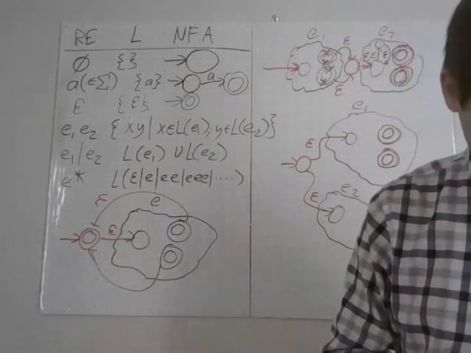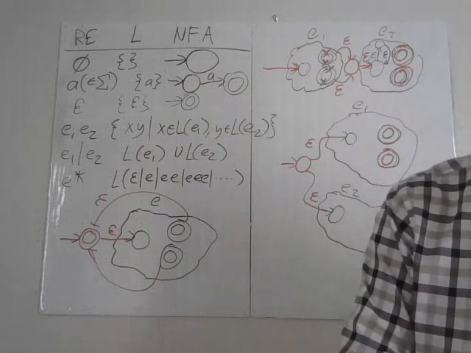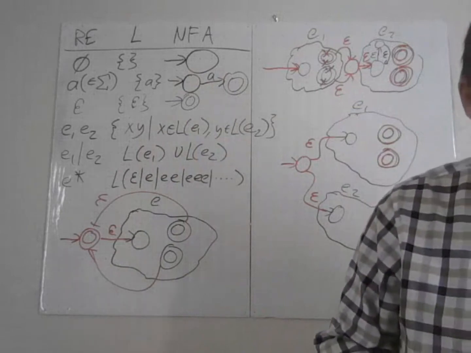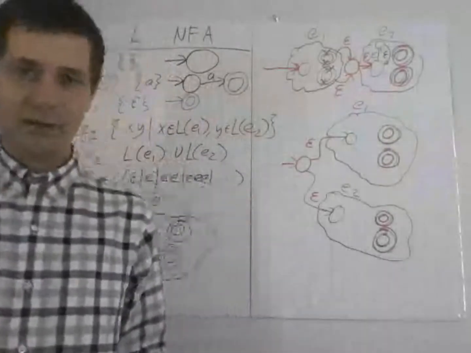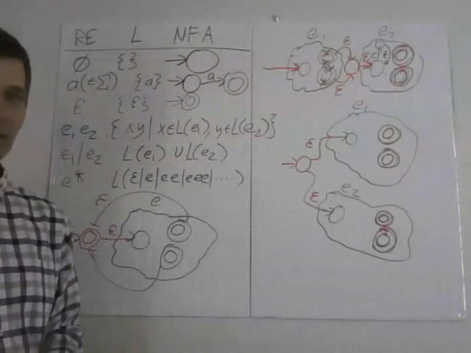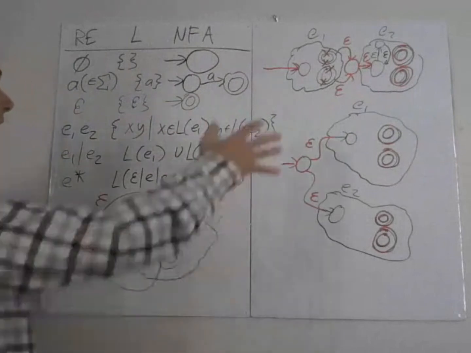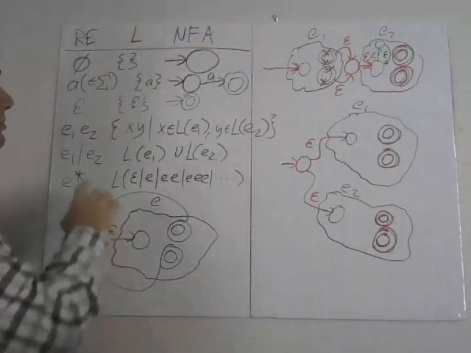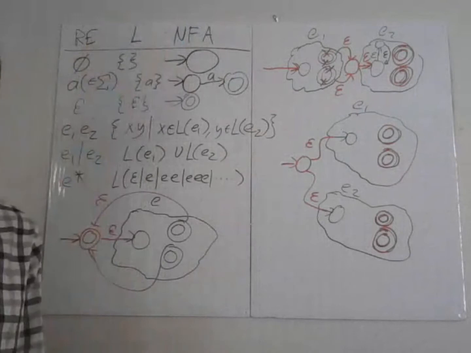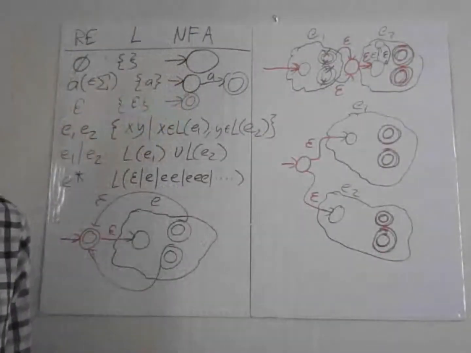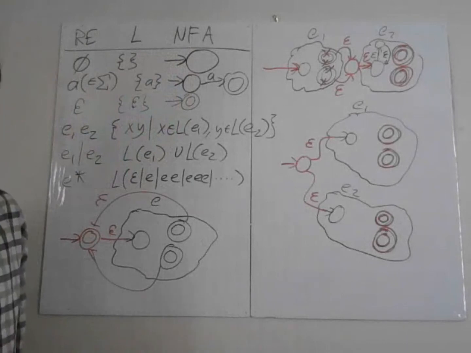Okay, so now on to that conversion, if I can find the right page here. So before I go to converting NFAs to DFAs, are there any more questions about converting regular expressions to NFAs? Okay, if not, I'm going to erase all this.